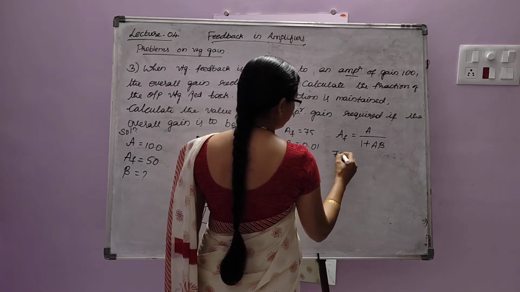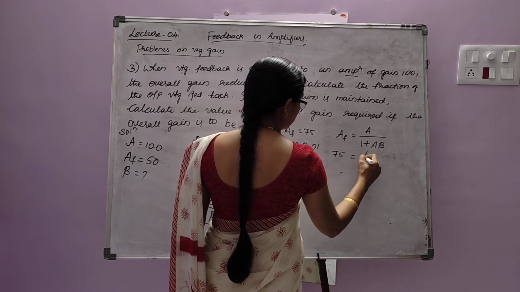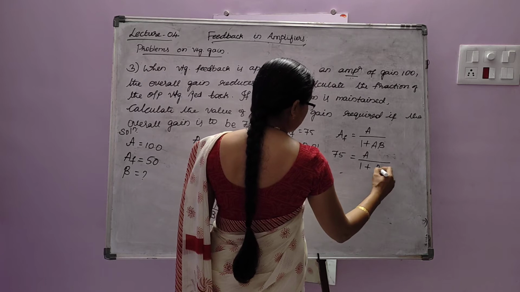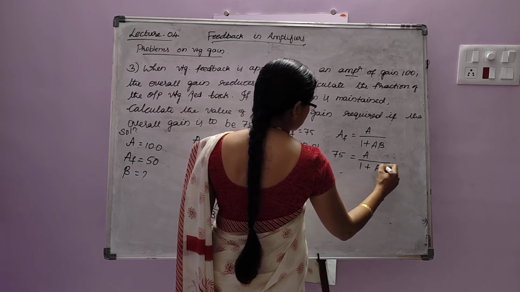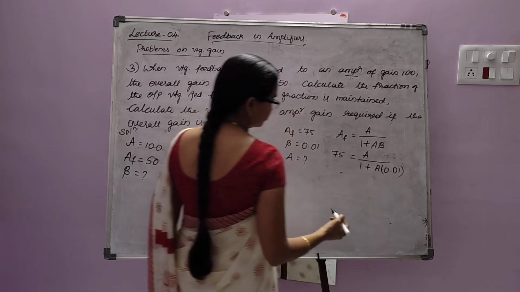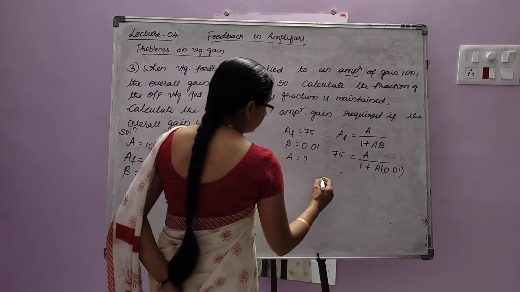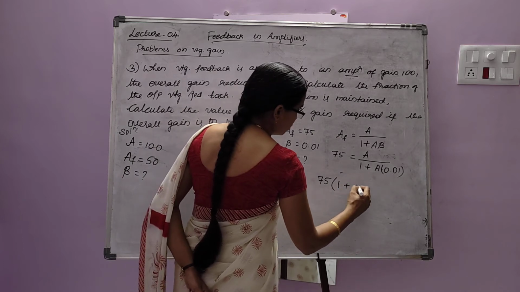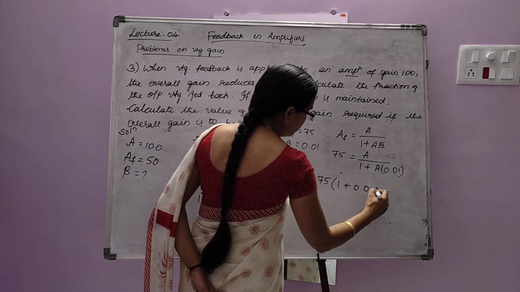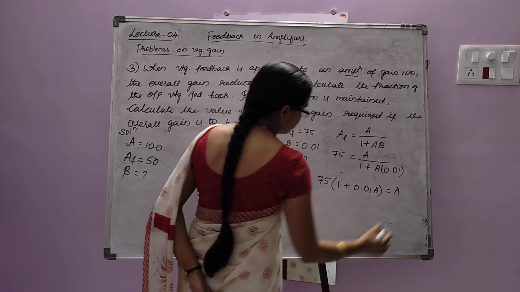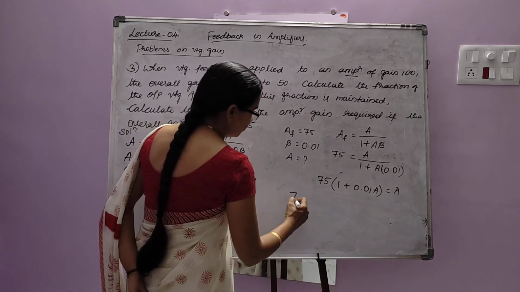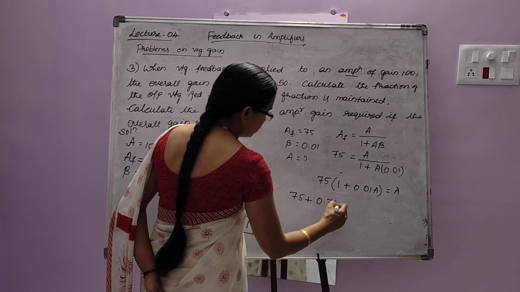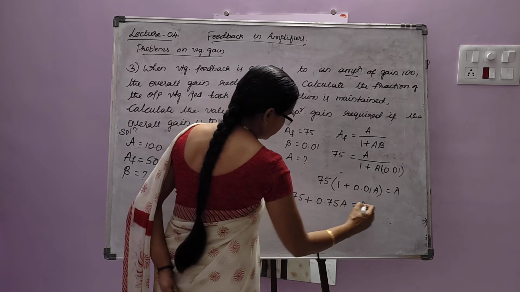AF is 75 is equal to A by 1 plus A into 0.01. So 75 into 1 plus 0.01 A is equal to A. 75 plus 0.75 A is equal to A.